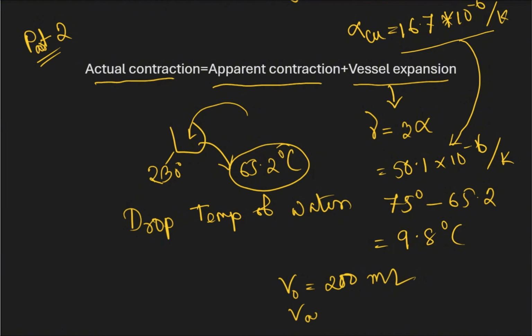And V actual is equal to gamma times V naught, the initial volume of the water, times the temperature difference, right?